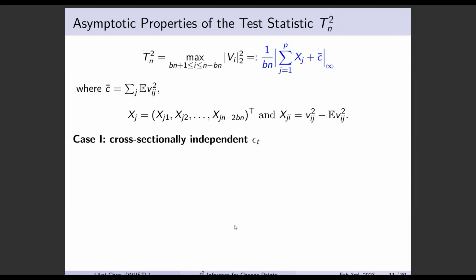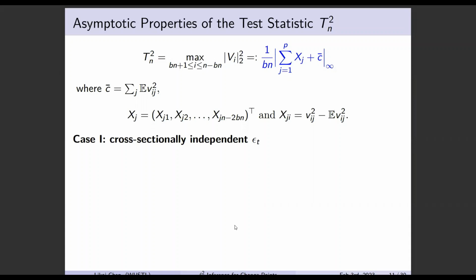So through this notation, the previous L2 based test statistic again becomes an L infinity type based statistic. And there are various existing results that we can use for L infinity based test statistics. That's the blessing, why we can solve this problem. Especially when they are cross-sectionally independent.